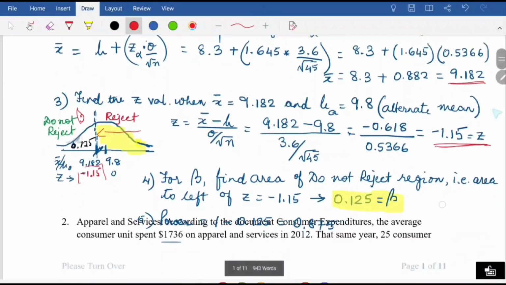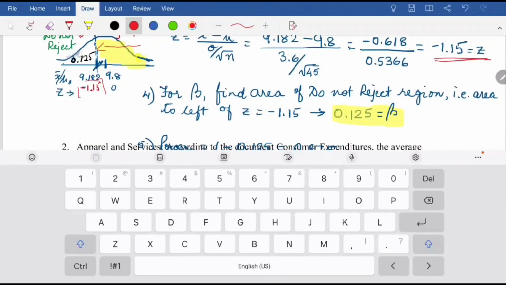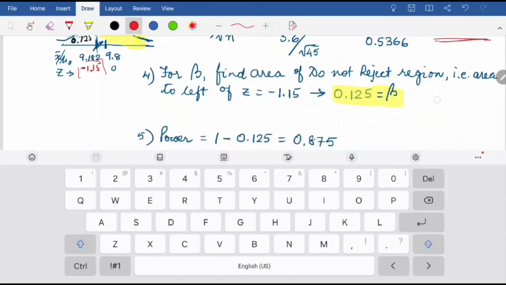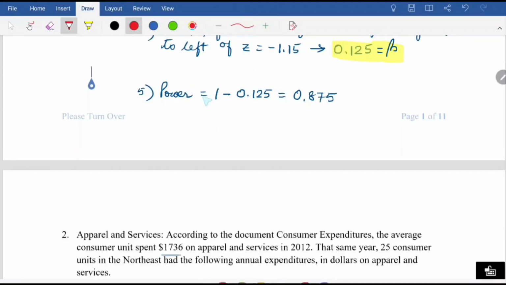If they ask you to find the power of the test, you just do 1 minus beta. Let me write it here. Here, the power is 1 minus beta. So just subtract whatever you found for beta from 1, and that should give you the power.